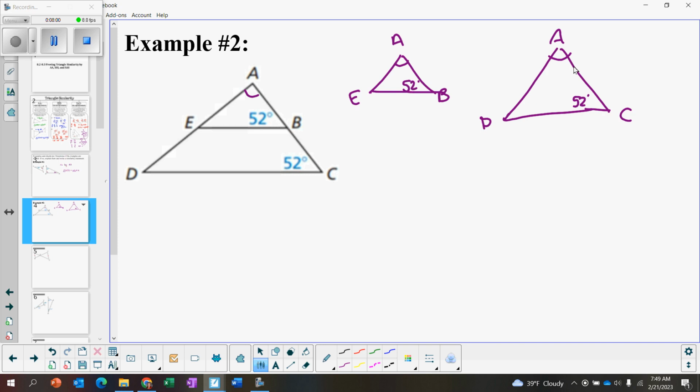So I actually do have two angles that match. I have the one that was reflexive, and I have another angle that's 52 degrees. So this is also similar by AA. And I could say triangle ABE is similar to triangle ACD.